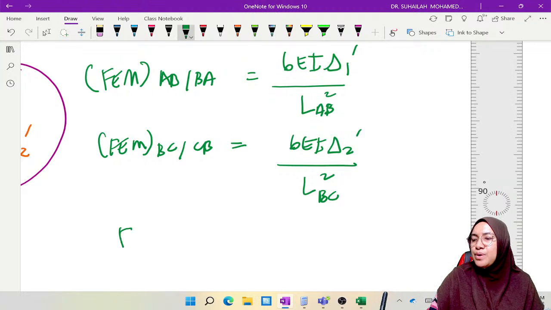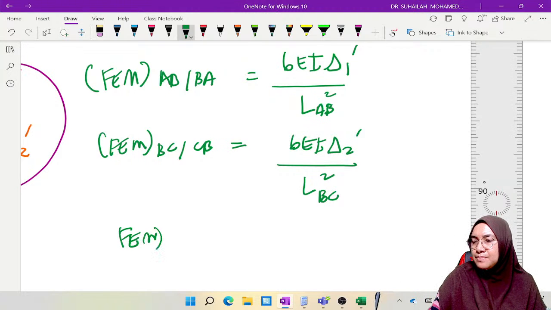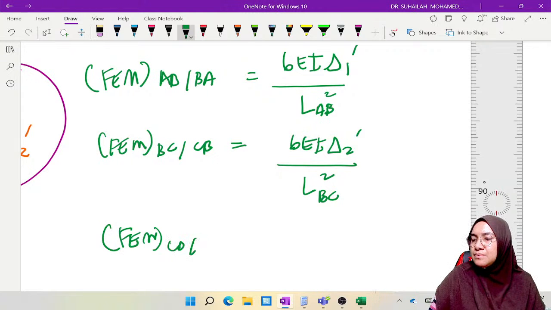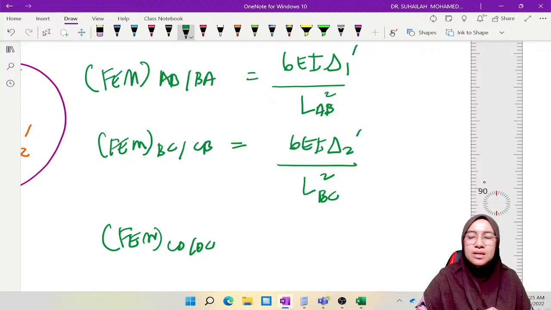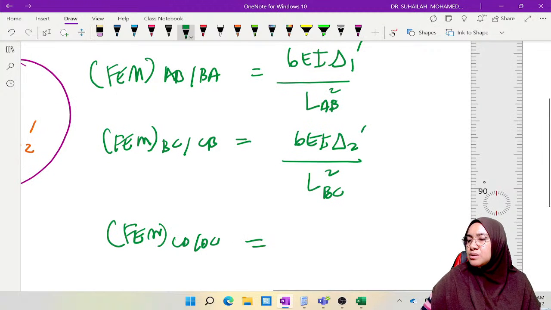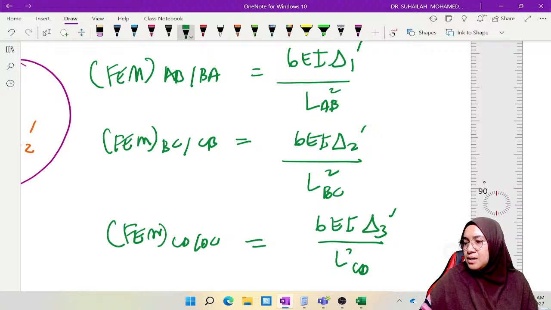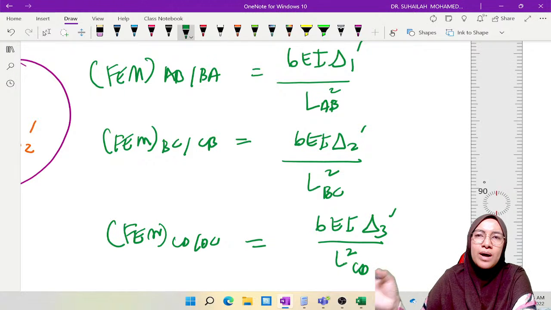Okay, and we have FEM CD, DC, which is equal to 6EI delta 3 LC over CD squared. So we have delta 1 prime, delta 2 prime, delta 3 prime.